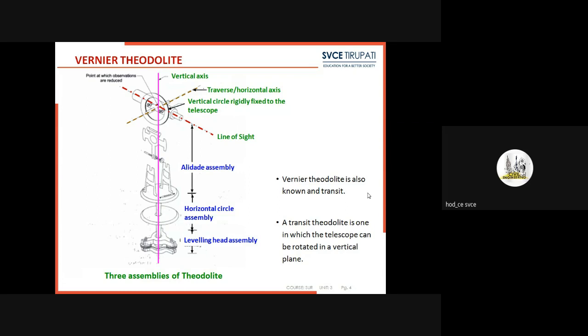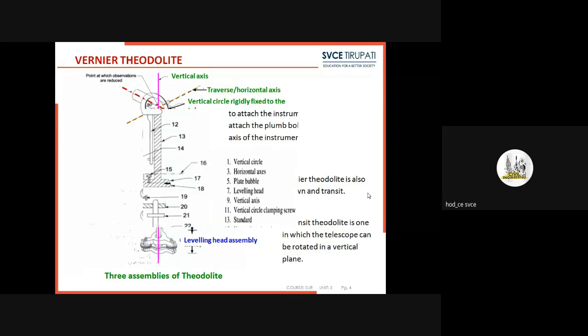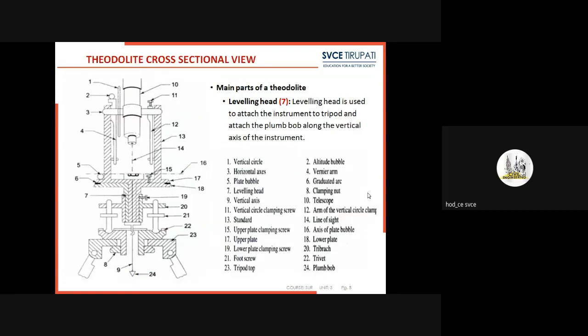When we clamp the upper clamp, the vernier scale will be stationary. When we rotate the telescope, only the horizontal will be rotated. That means the horizontal angles will move, right? This is the complete internal section, the internal parts of the theodolite.